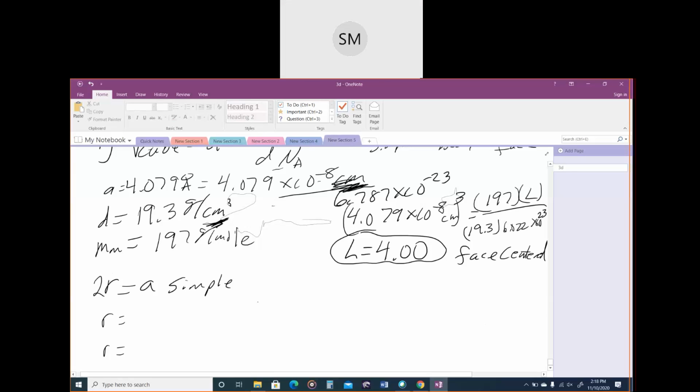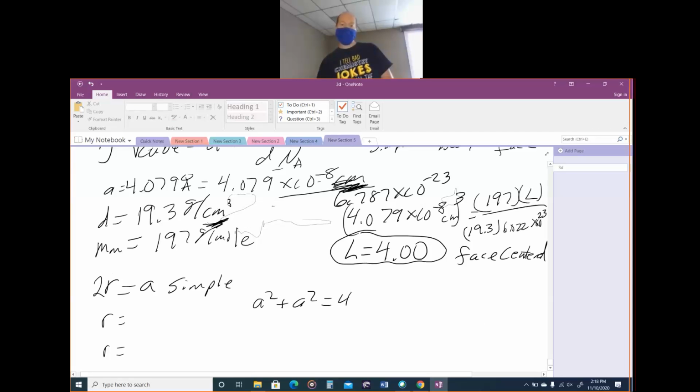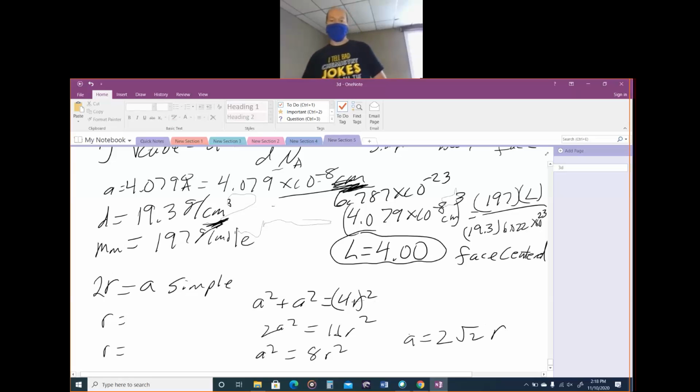And then the Pythagorean theorem: a squared plus a squared is equal to 4r squared. 2a squared is equal to 16r squared. A squared is equal to 8r squared. And so a is equal to 2 square root of 2 r. All right, so this one is for face centered.